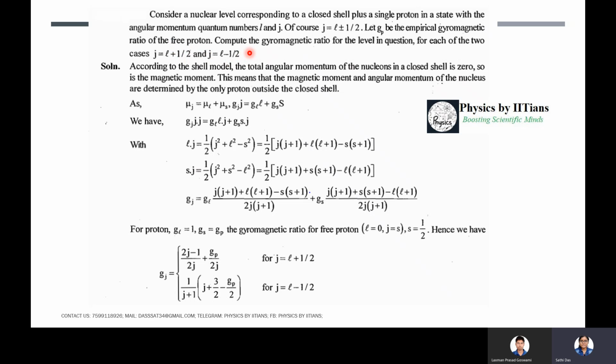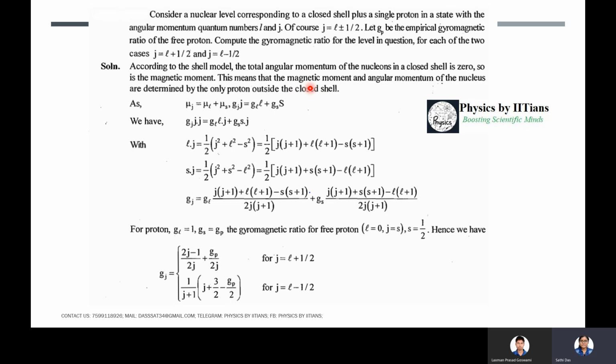What will be the gyromagnetic ratio? If we think of the shell model, which we have already read, the total angular momentum of the nucleus of the closed shell is 0. We only have to account for the extra nucleon which is outside the closed shell, right?